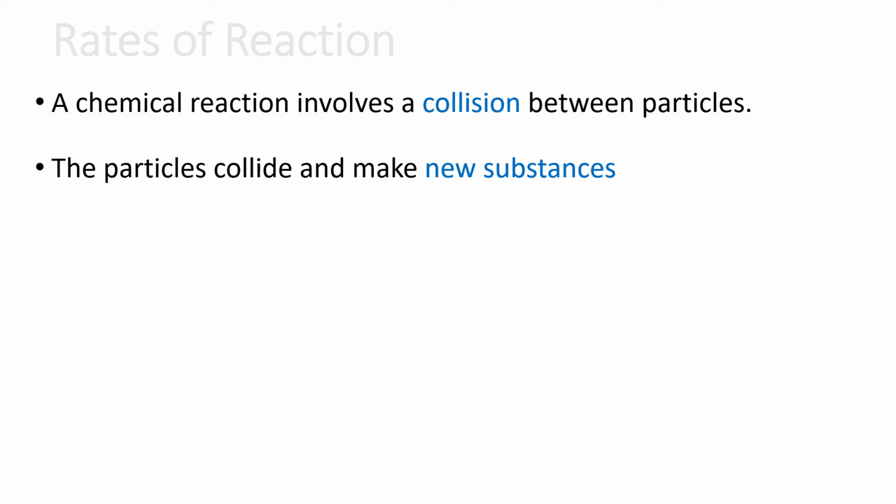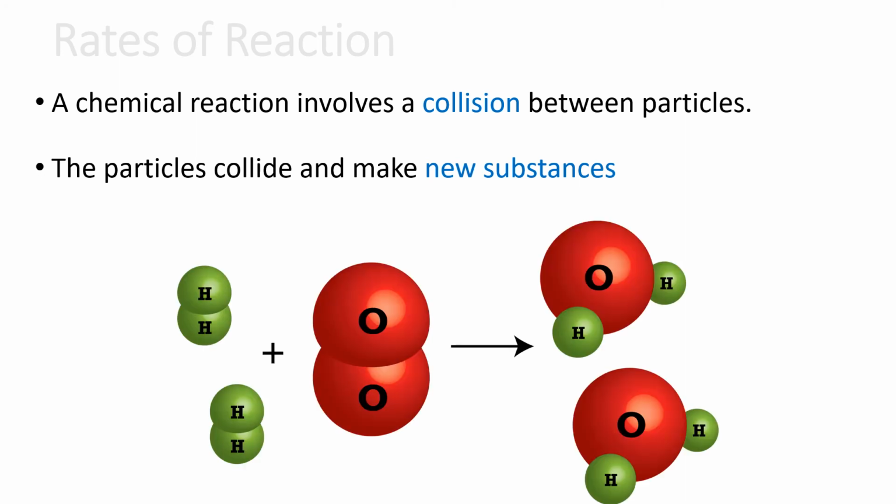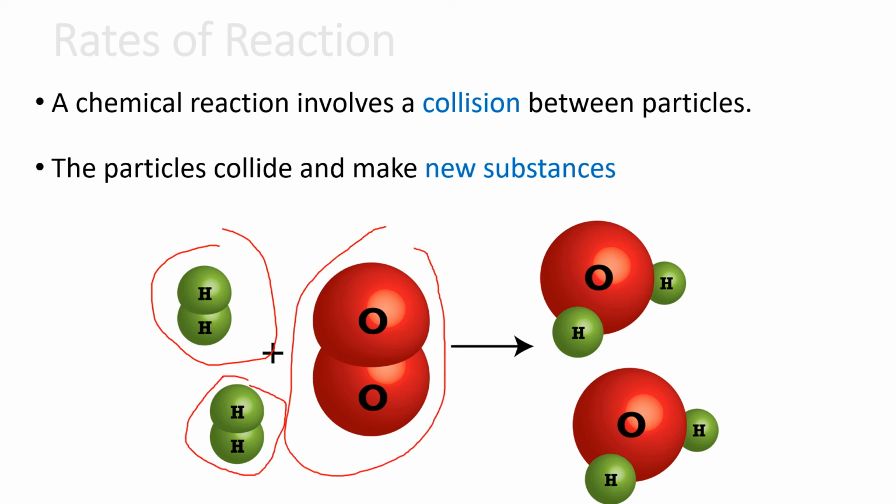You end up with something different than what you started with. In this example, we have some hydrogen gas, H2, and some oxygen gas, and they collide, they slam into each other, and they make some H2O, which is water. So hydrogen and oxygen combine, burn up to make water.